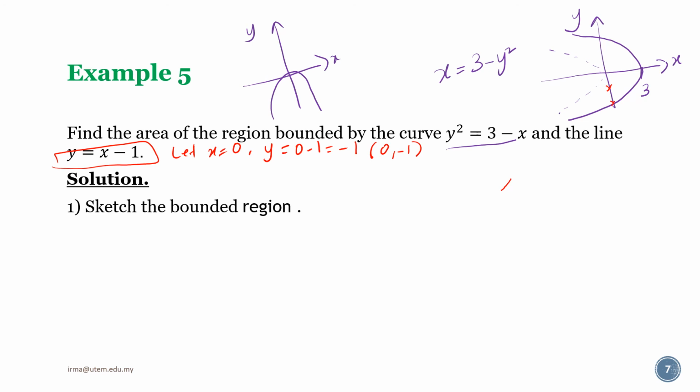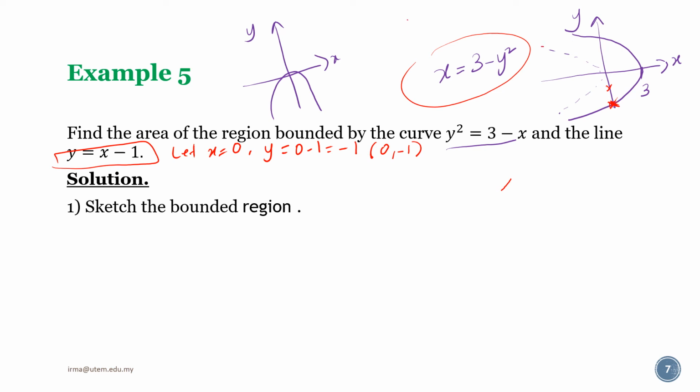So you need to know what is the value over here. The value over here is found by using this formula, x equal to 3 minus y squared. We know that over here x equal to 0, but we do not know the value of y.